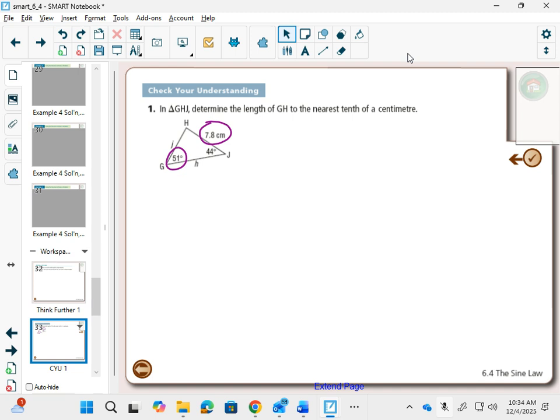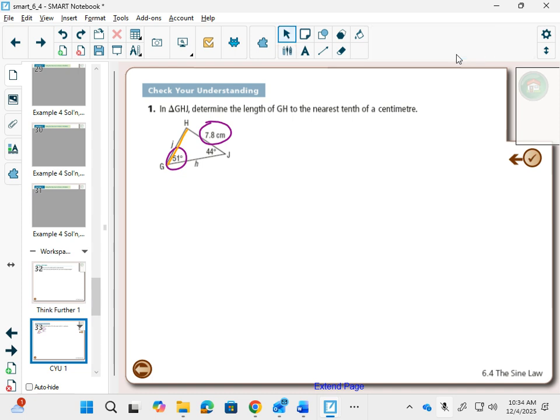And it's actually, for setup purposes, going to be really easy. Ask yourself, what do you want to find? In this question, we want to find the length of GH, which I'm going to highlight here in orange. G to H would be this length. It's labeled with a little letter J because it's opposite of angle J.